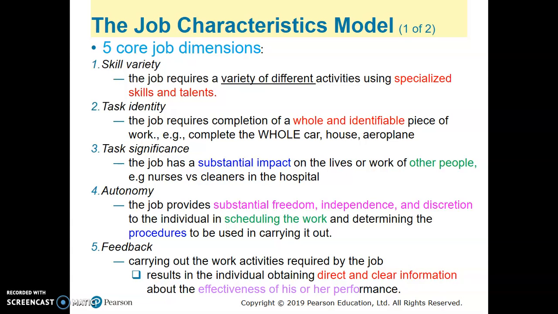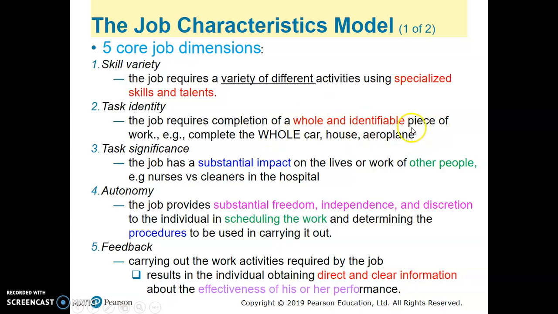If you build a house, or if you build a whole car, for example, you yourself have that kind of task identity with the performing of the job. So task identity refers to the completion of the whole or an identifiable piece of the work.